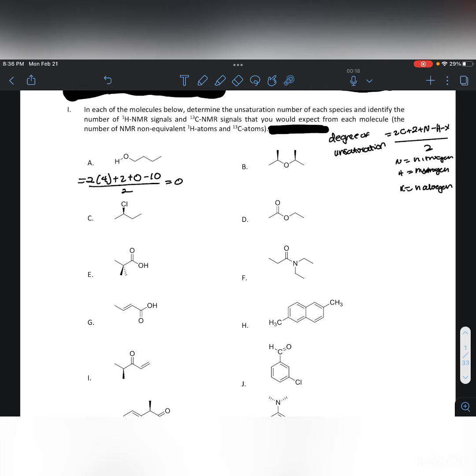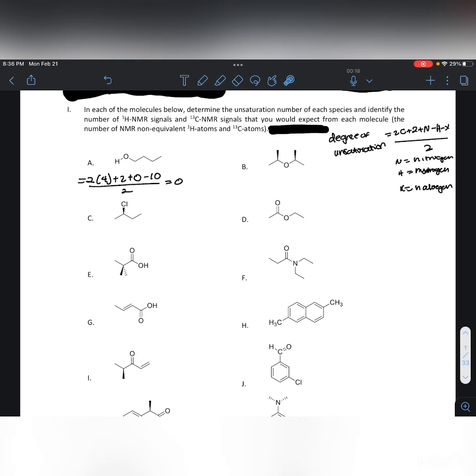From then on, we wanted to calculate the total number of signals for both the hydrogen and the carbon. In order to do this, you need to look for the number of unique hydrogens and carbons. So this OH is different, which is also different from this, which is also different. This is also different, and then this is also different.